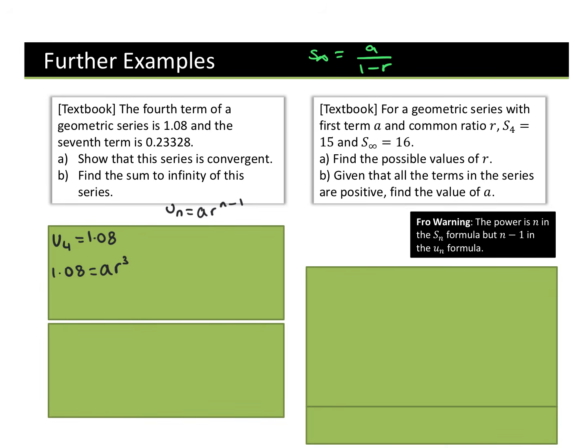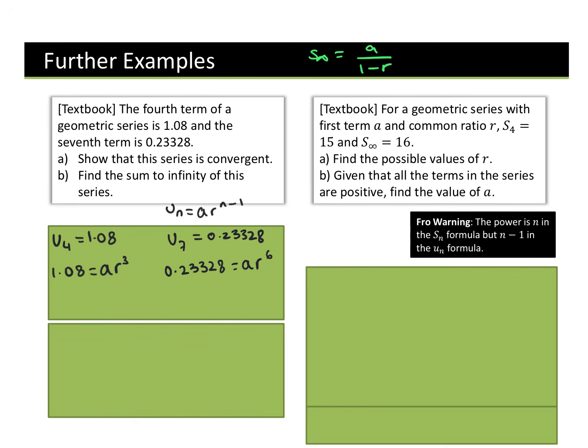I'm going to do the same to find U7. It then says the seventh term. Okay, so we know that U7 is going to equal 0.23328. So that means 0.23328 equals a r to the power of 7 minus 1, which is 6. Okay, now we have simultaneous equations.